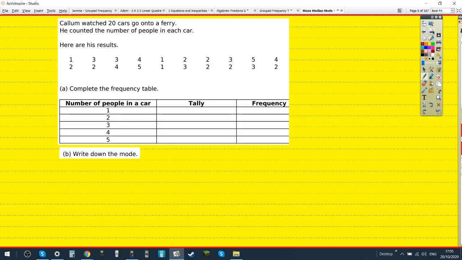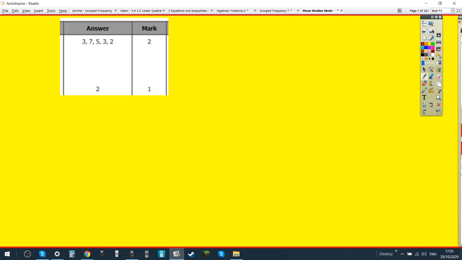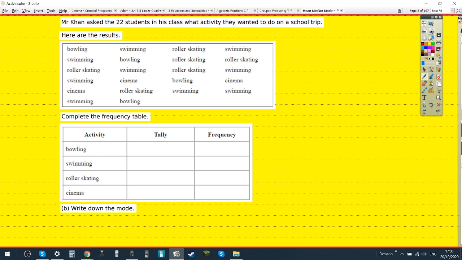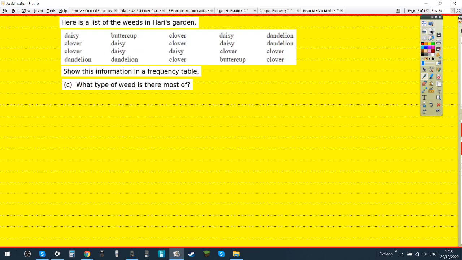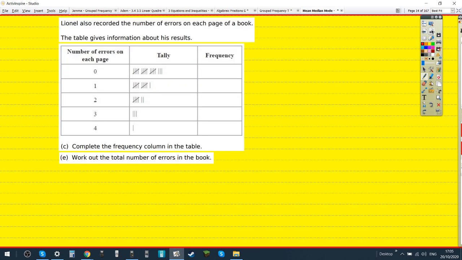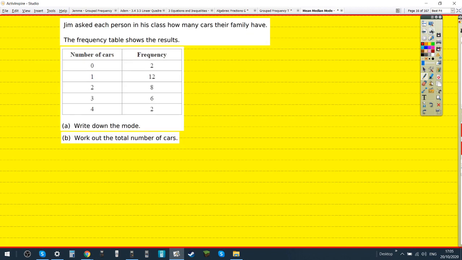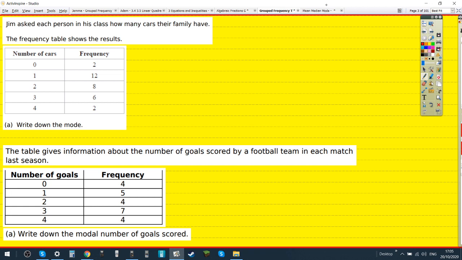It's kind of difficult to see. See, there's just so many of them. Yeah, so let me go back now. So any idea what is the modal number of cars that a family owns?